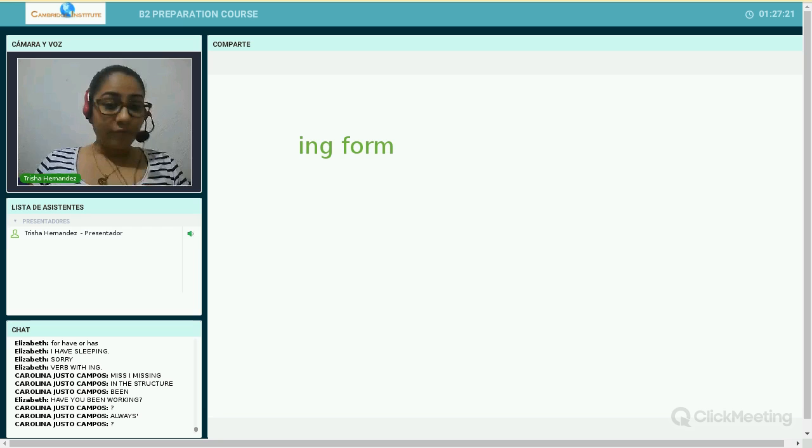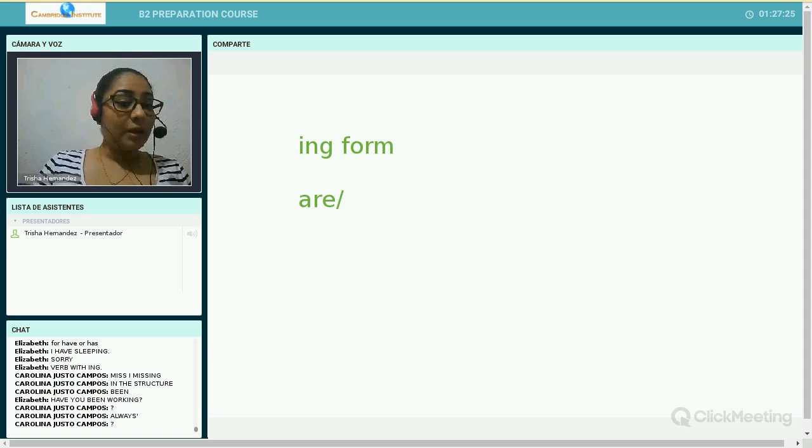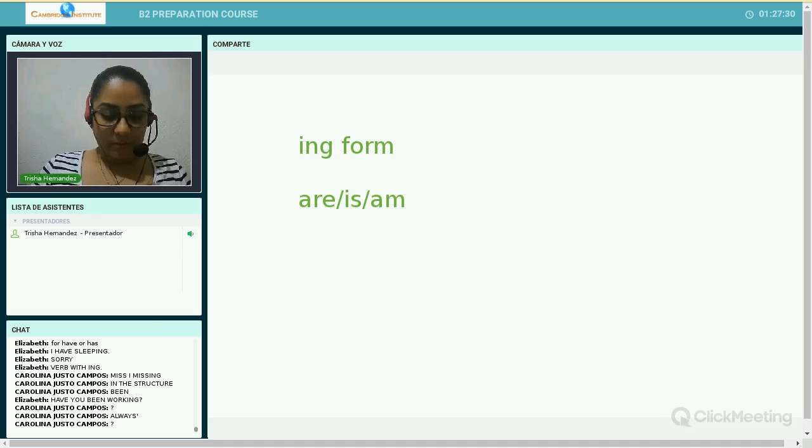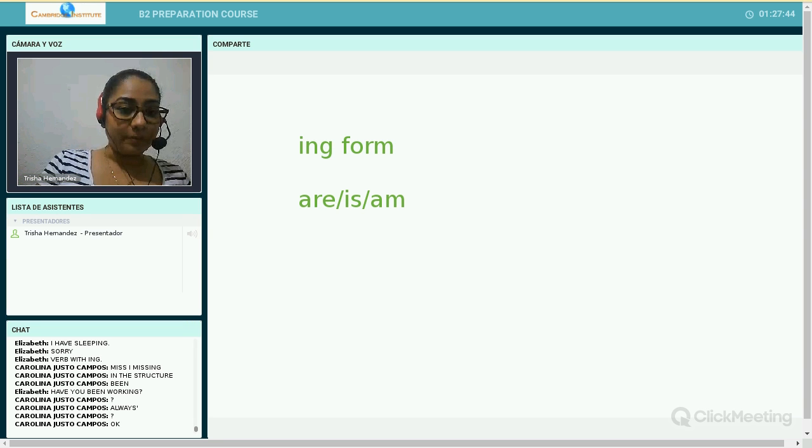But for this form, we also get to use the verb to be. This is, for example, for present simple, right? No, that's a lie. It's for present continuous.